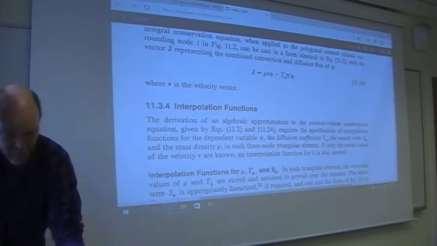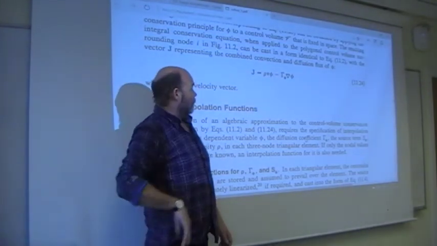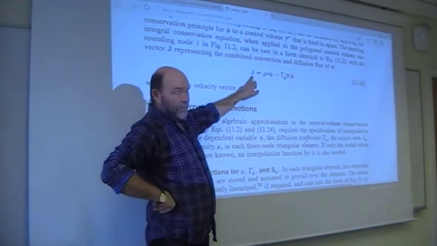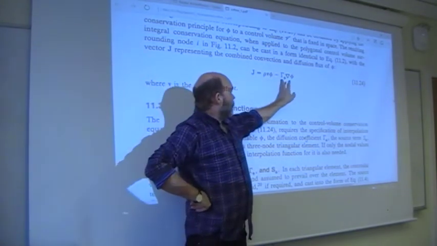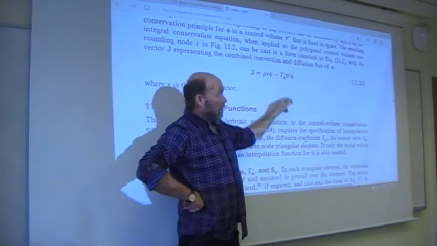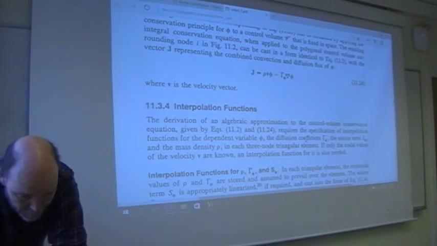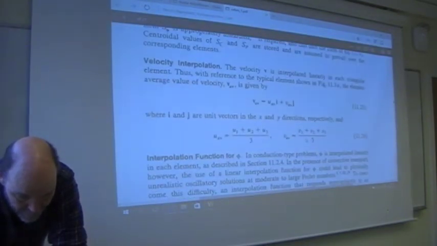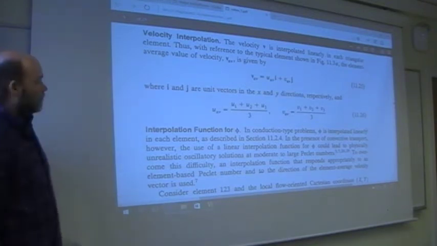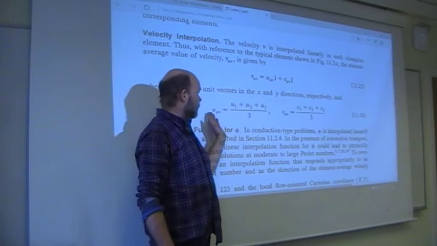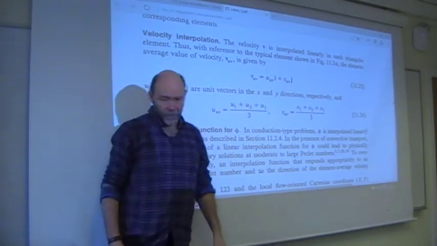And then actually do exactly the same, finding the integral form, and then this flux function, the J vector. This one we had already, and now we'll have some additional term for it. But the rest goes exactly as before. We need this velocity then. So here, averaging the velocity within one triangle. So fairly straightforward.